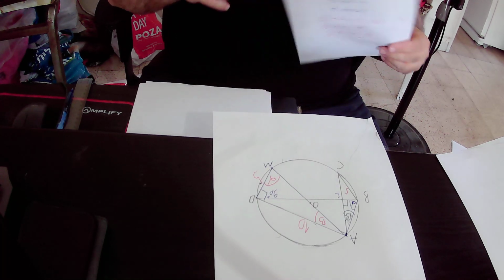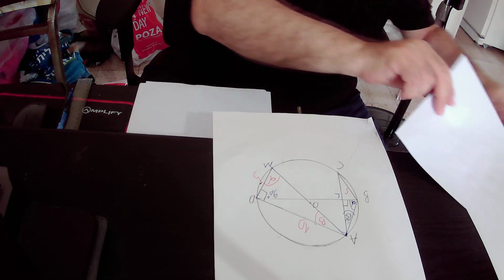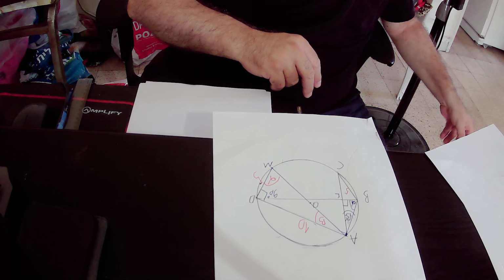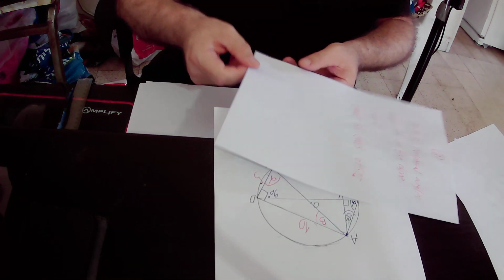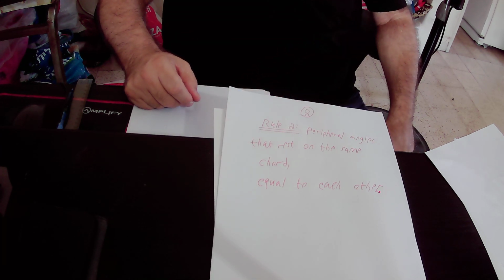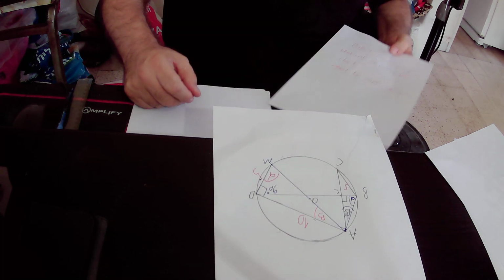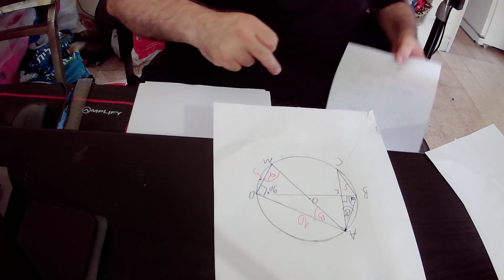Then, according to rule number 2, peripheral angles that rest on the same chord equal each other. We connected together points A and B by a straight line.